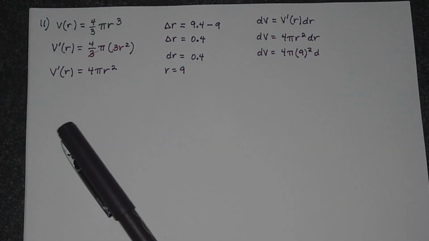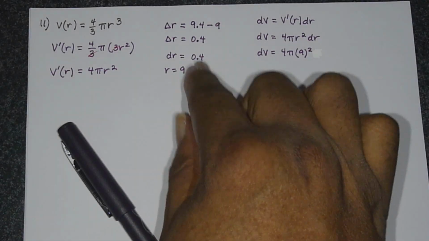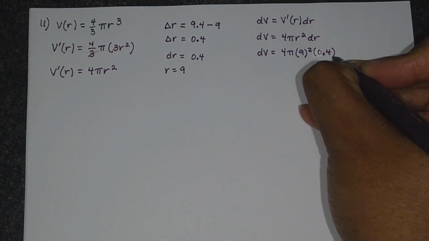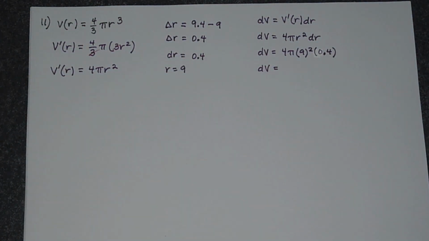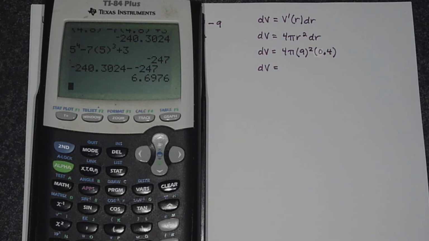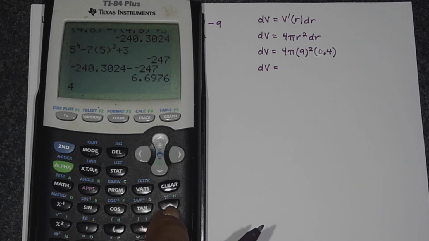Times dr, which we found out to be 0.4, so let's go ahead and substitute that as well. I'm going to do 4, then the pi is right above the hat key, so if you do second and the hat key right below the clear key, you should get pi.